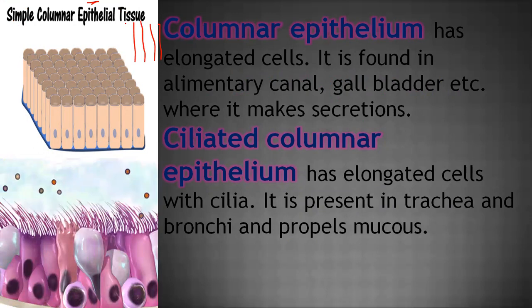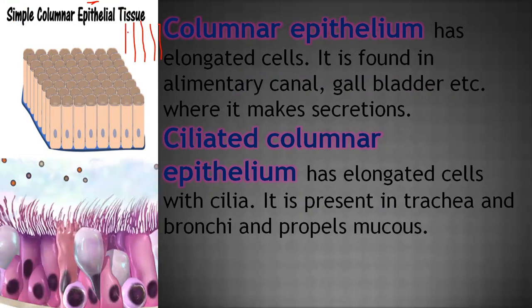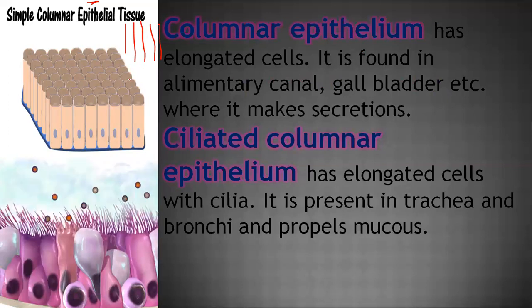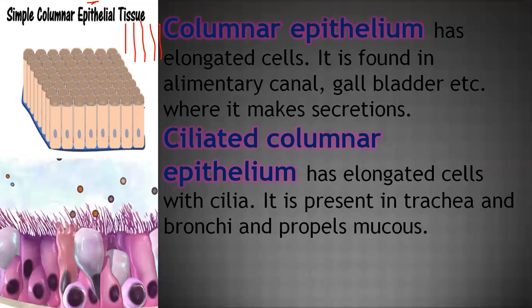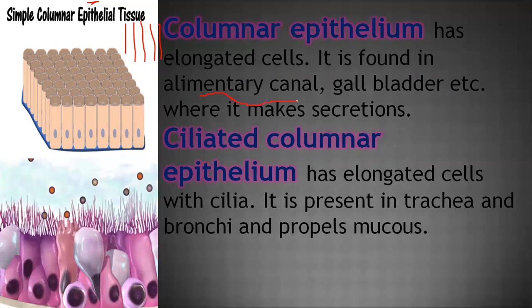When we compare something or we have to write a table, we make columns. So these are columnar epithelium, meaning they are elongated cells like columns. They are present in the alimentary canal. Alimentary canal, what does it mean?